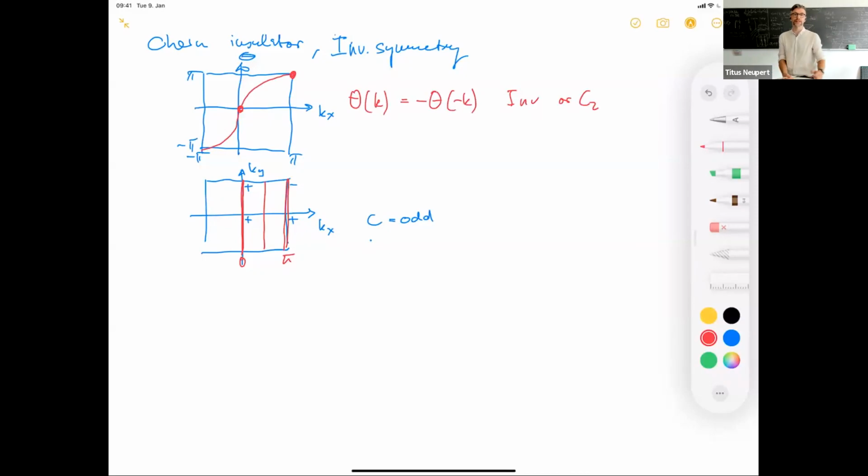That's how you can deduce that if you have this type of pattern of inversion eigenvalues, there's no way of getting no Chern number. This is the only way I can draw this line topologically. It has to wind if I have inversion symmetry.